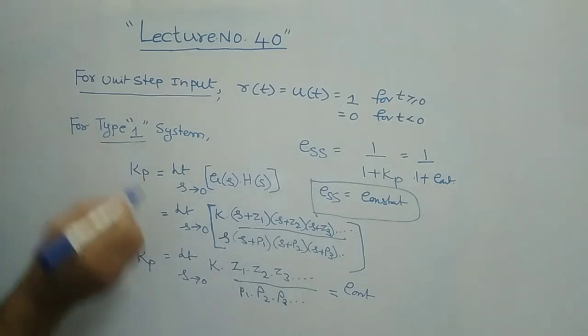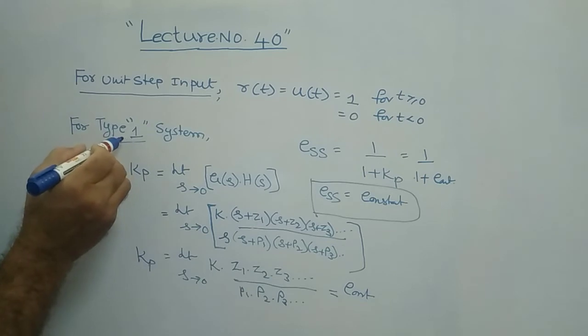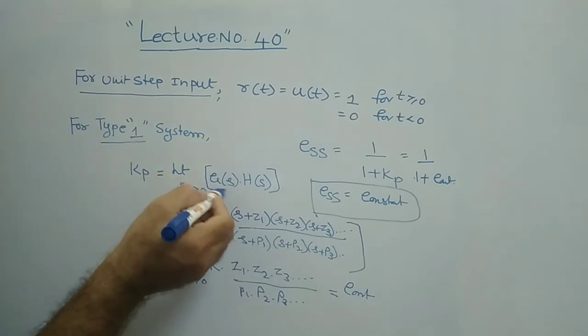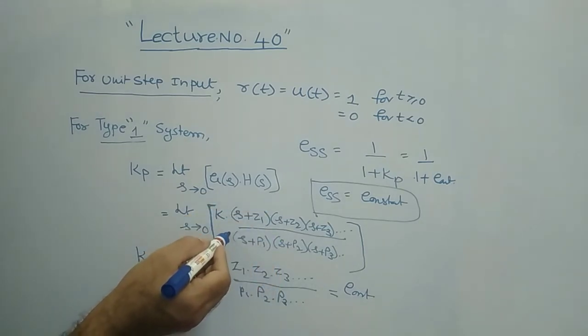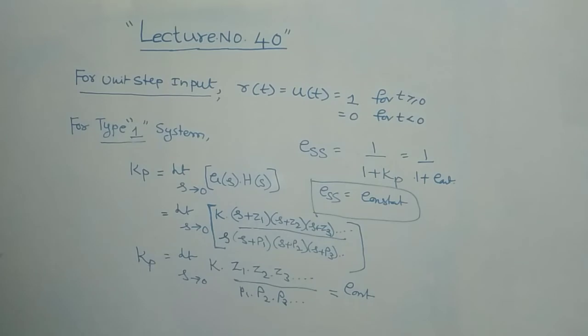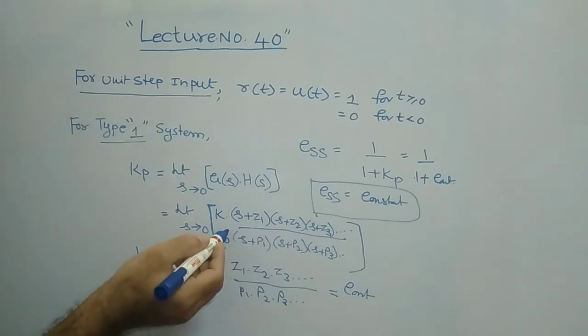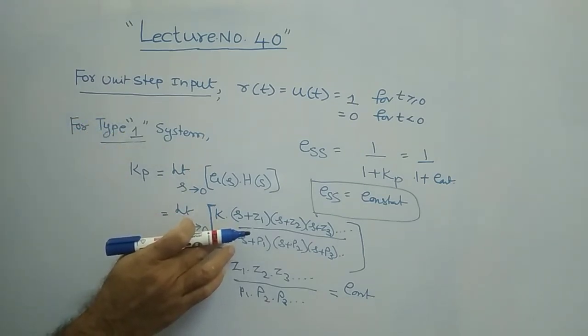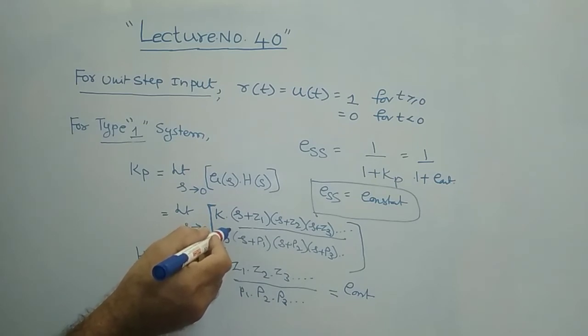Therefore here, let us consider type 1. Definitely this G of s into H of s must be in the same form, except that you must have s power n in the denominator, because you are studying the type number. Previously for type 0, you don't have any s term there; that is why it is 0, because if you substitute n with 0, s power 0 is 1.